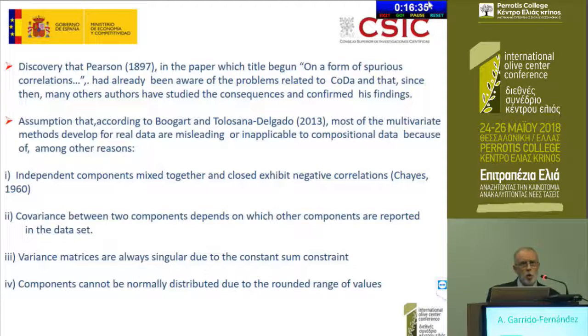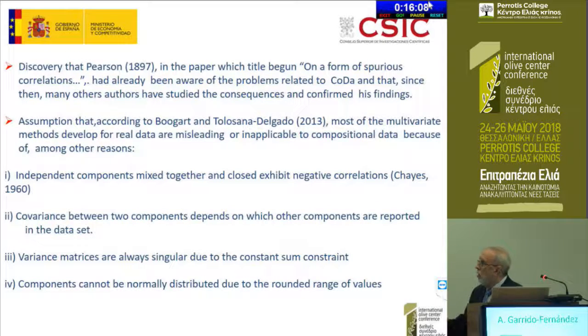We were suspicious about what kind of treatment to give to our fatty acid composition, because we were used to working with mixtures of salt. With these mixtures of salt, we were always analyzing them in the simplex.